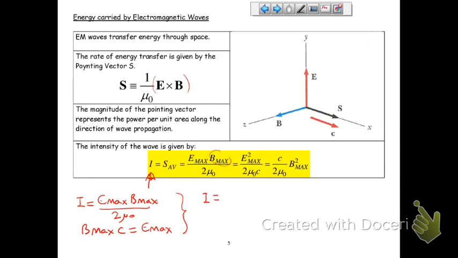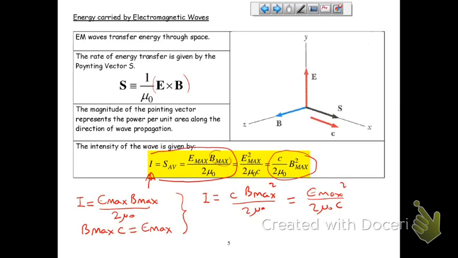It would be C times B max squared over 2 mu naught, or substituting the other way, E max squared over 2 mu naught C. But either way, I would only learn that bit because I already know that bit.